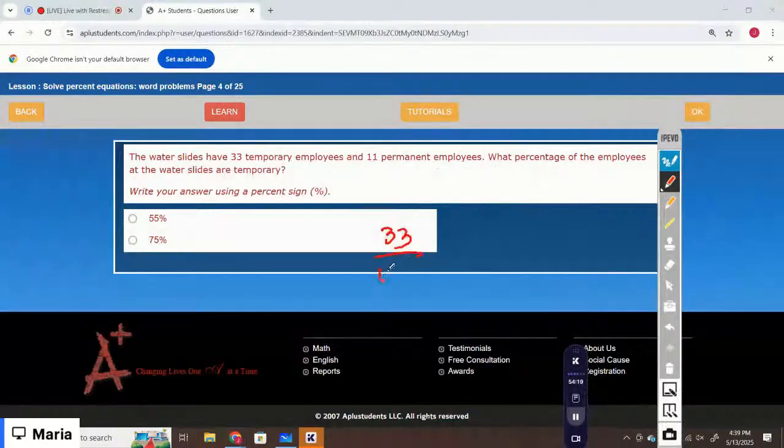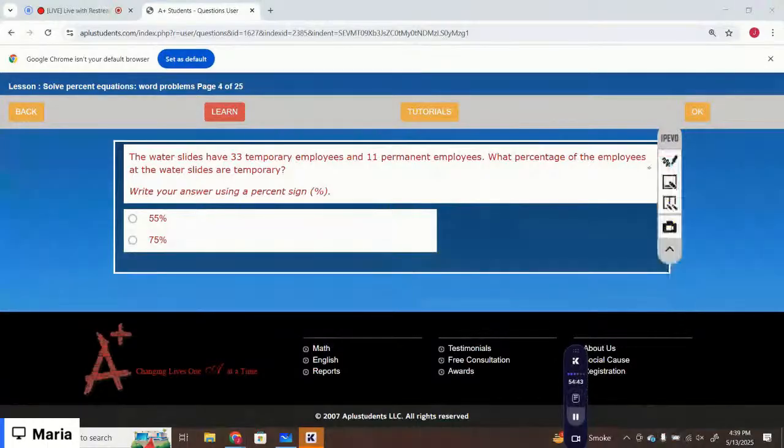So 33 divided by 44, because 33 plus 11 is 44. So total employees are 44, right? You need to calculate n over 100. That is 3300 divided by 44. So the correct option is 75%. Option number two is the correct option.